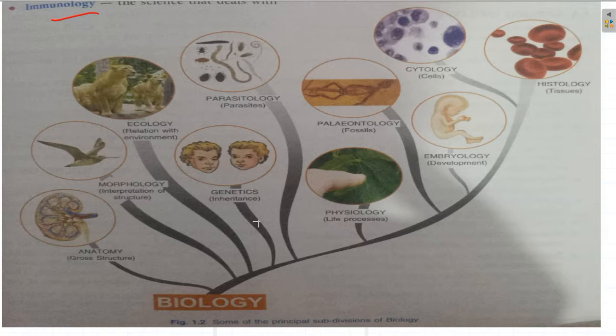Now these are some branches we have already studied. This is anatomy, study of gross structure, morphology, interpretation of structures, and ecology, relation with environment, parasitology, parasites. This is genetics, inheritance, paleontology, fossils, physiology, life processes, cytology, cells, embryology, embryo development, histology, tissue, right.